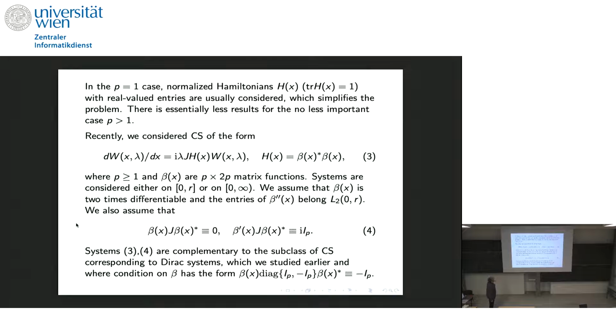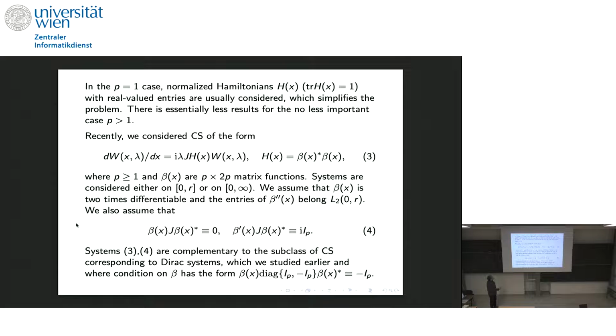Systems 3, 4 are complementary to the subclass of canonical systems corresponding to Dirac systems, which we studied earlier. In the case of Dirac systems, the requirement on beta looked like this.